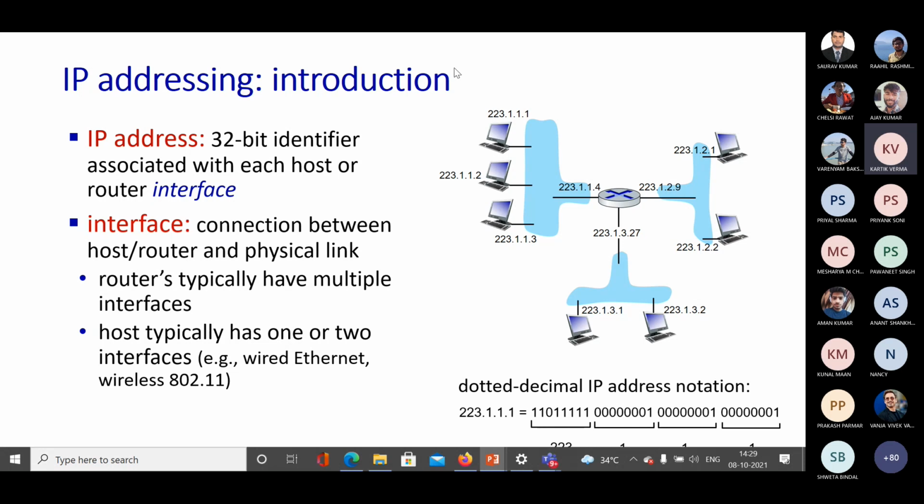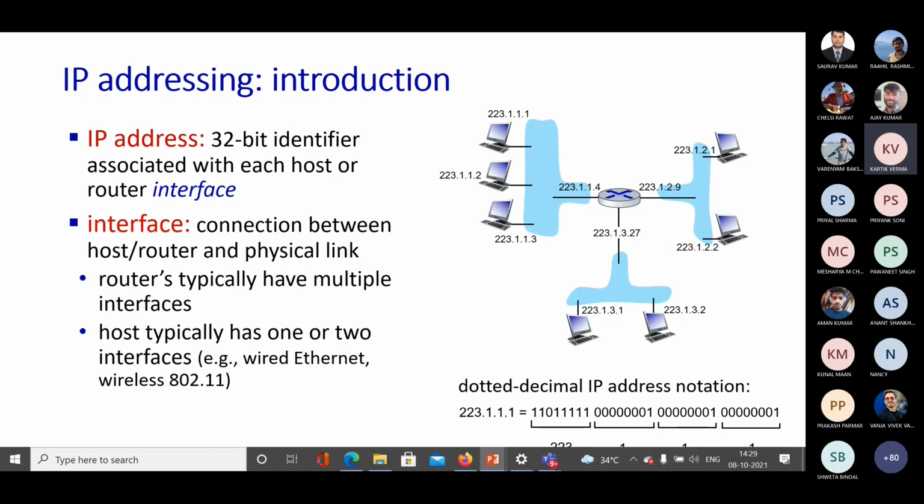Now, what we see here is this decimal notation, that is 223.1.1.1. That's how we as users represent an IP address. But what is essentially inside it, or how it is depicted by the system, is in terms of these 32-bit IP addresses.